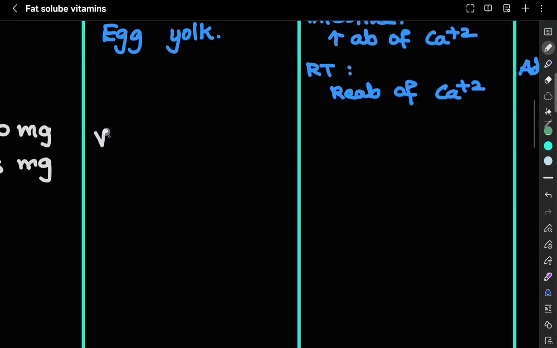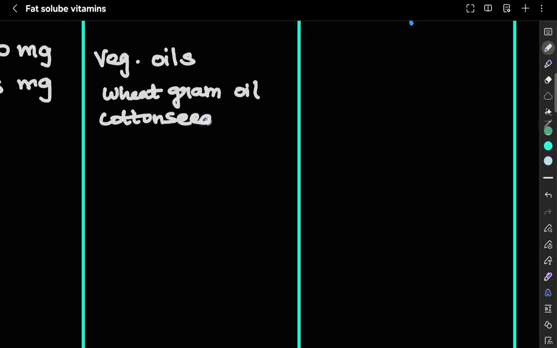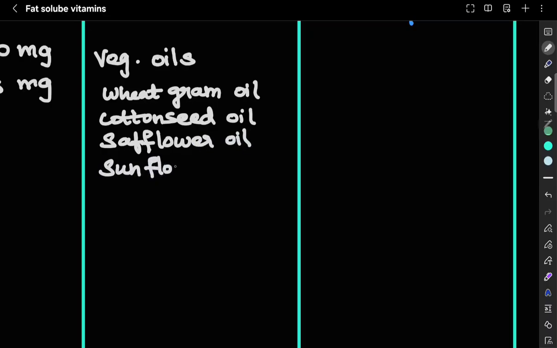So vitamin E we get from vegetable oils like wheat germ oil, cottonseed oil, safflower oil, sunflower oil, etc. Okay, you get it from vegetable oils.